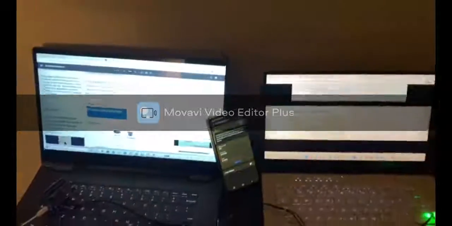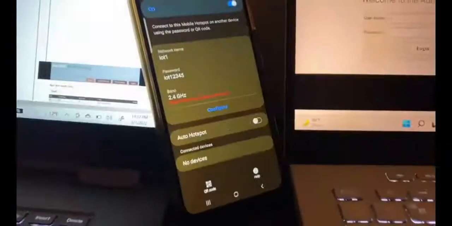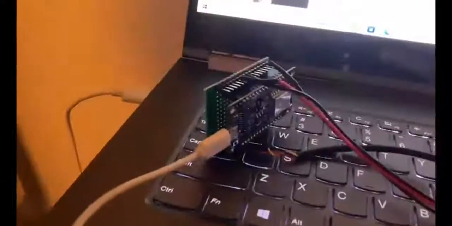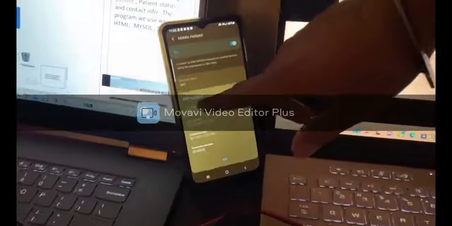Then we connect our hardware to Wi-Fi, and the Wi-Fi source that we use is our mobile hotspot. After we turn on the mobile hotspot, our Arduino is going to connect to our hotspot. And when it does connect, you can see our Arduino connection.